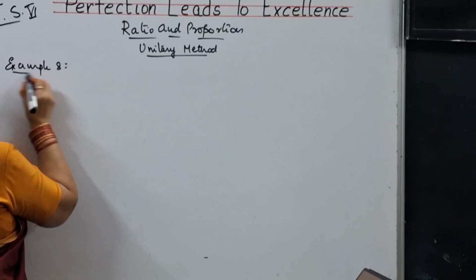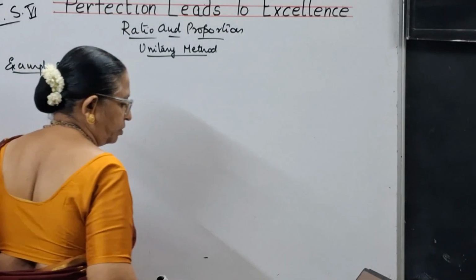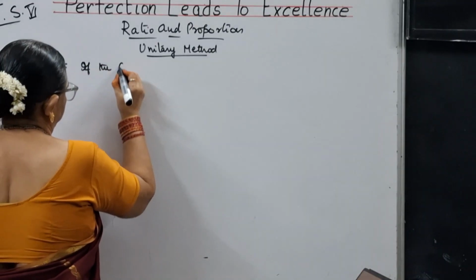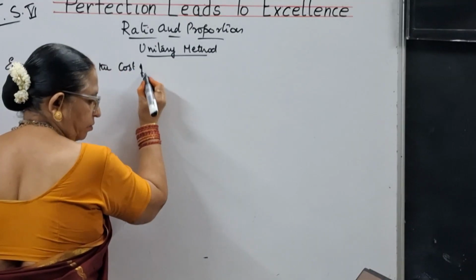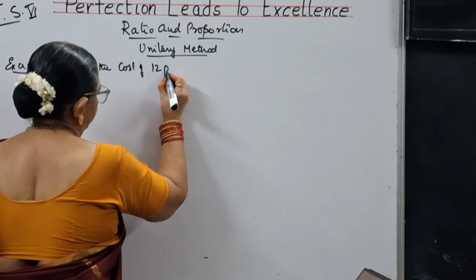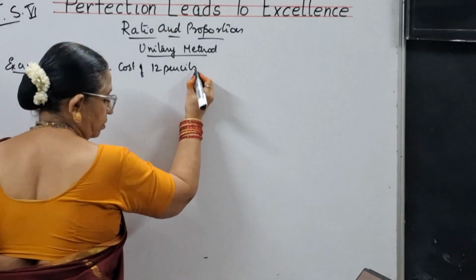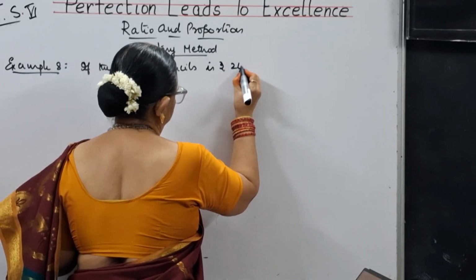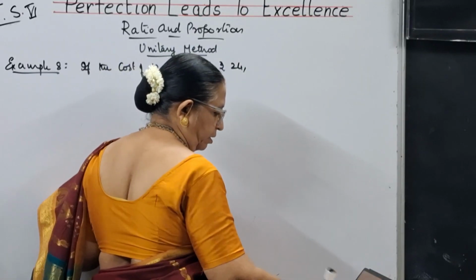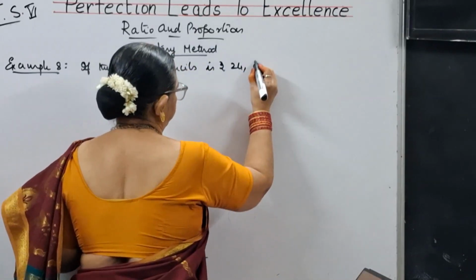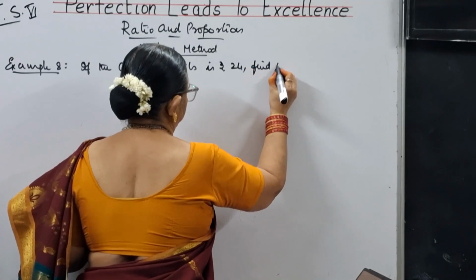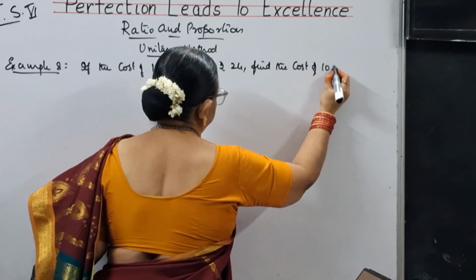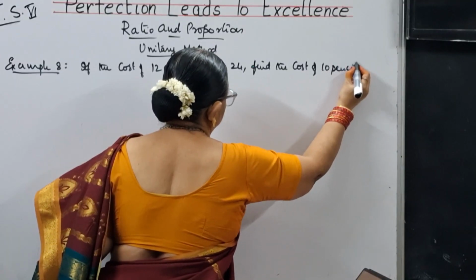In this example 8, the question is, if the cost of 12 pencils is rupees 24, then find the cost of 10 pencils. This is the question, children.